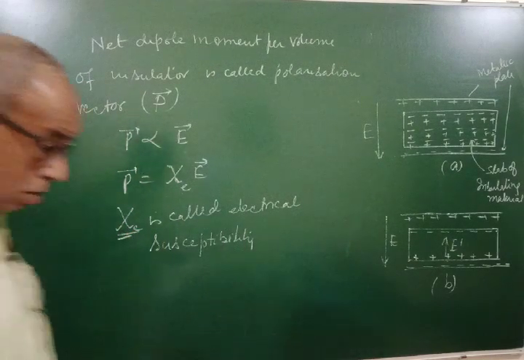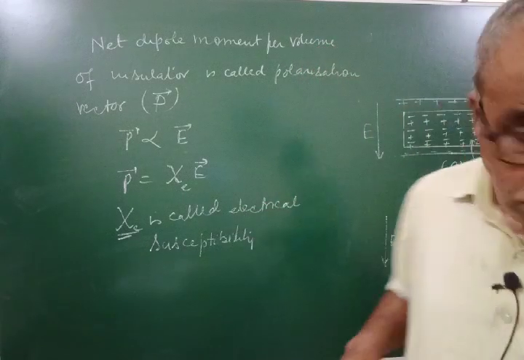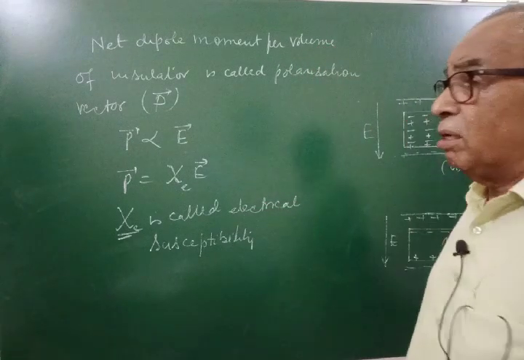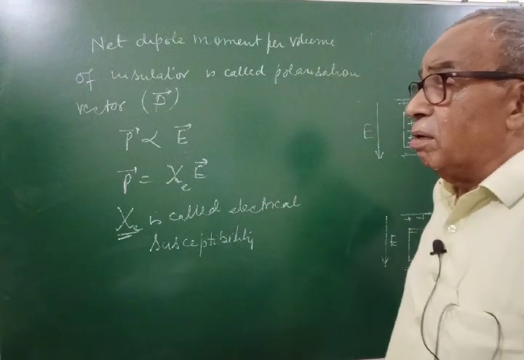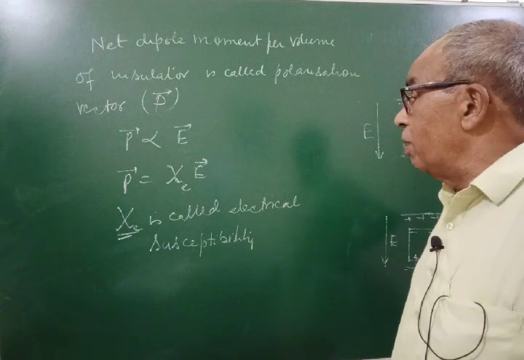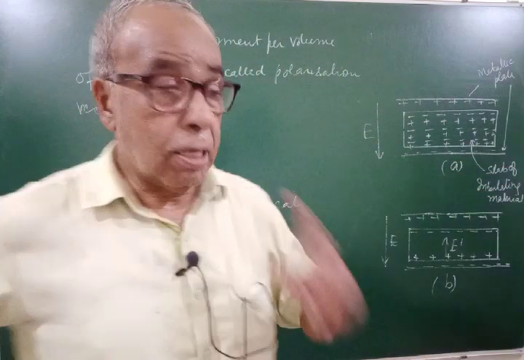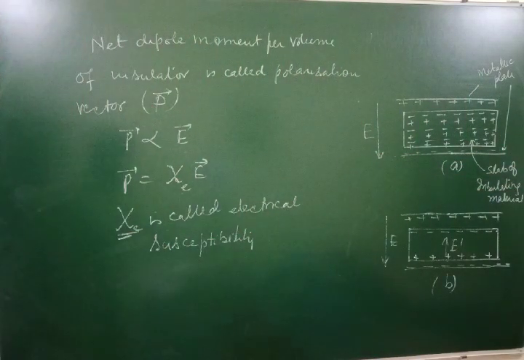It measures how easily or with how much difficulty the insulator gets polarized. The net dipole moment per unit volume of an insulator is called the polarization vector.